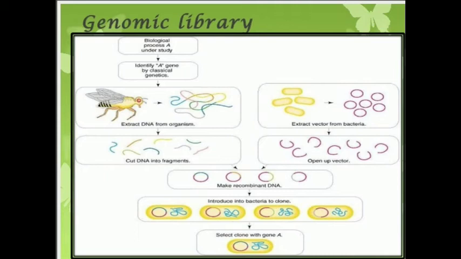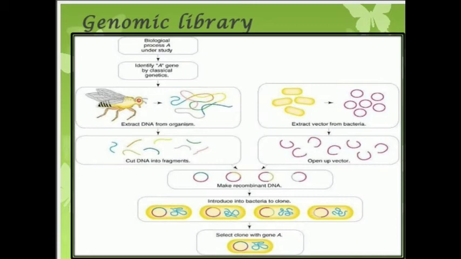And colonies are taken out from the mass culture and then direct phenotypic selection is done, and colony hybridization method is also used for that. With the help of this diagram, you can understand the steps easily.